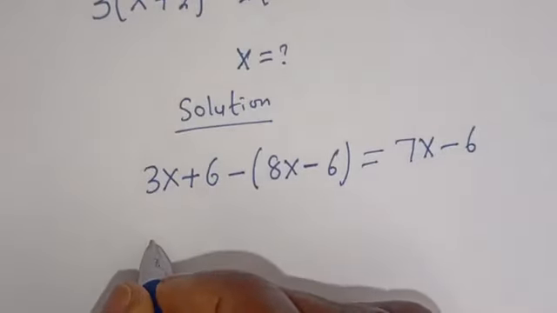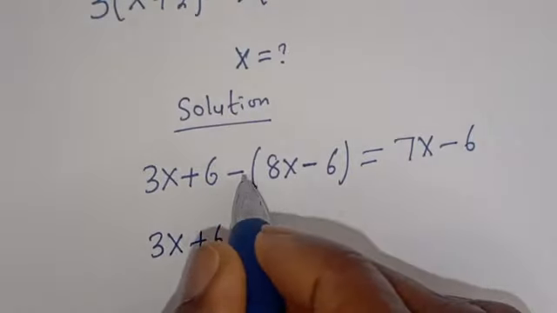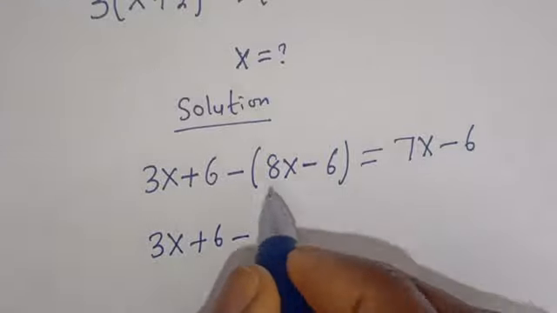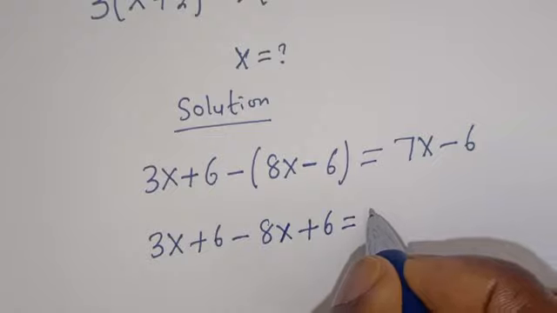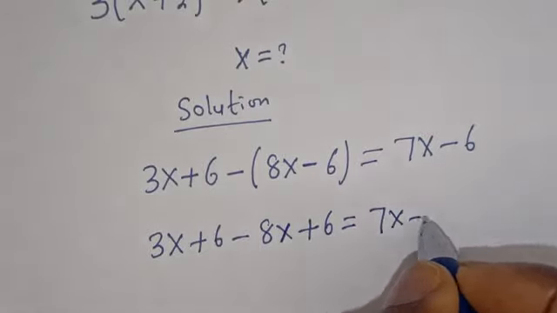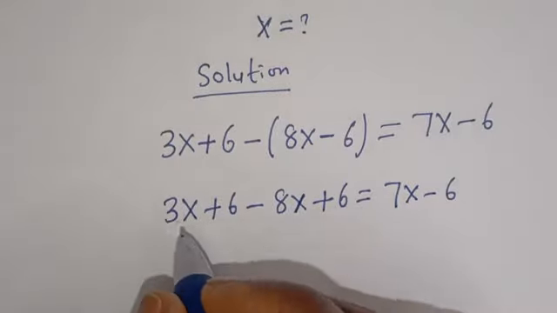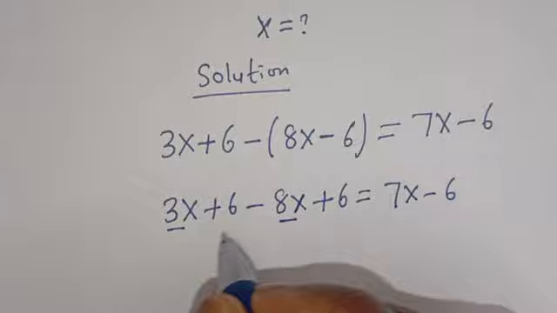Then here we have 3s plus 6 minus 8s, minus times minus 6, that is plus 6, is equal to 7s minus 6. Then at this point, we have 3s here and then minus 8s here.